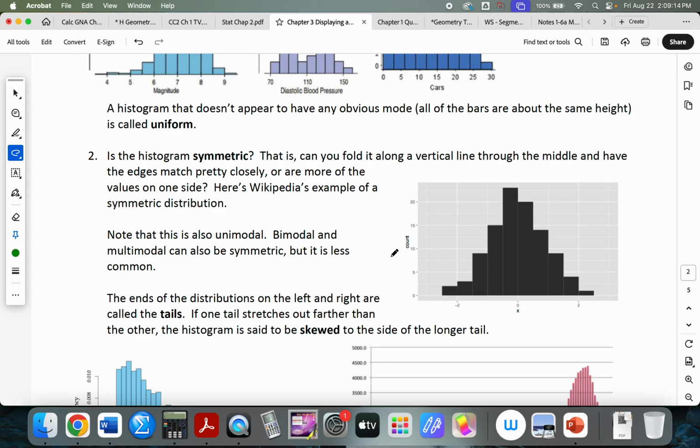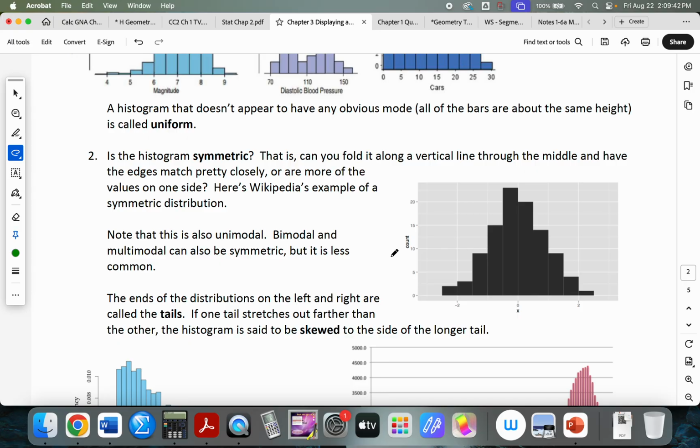At the very least, your liver and gallbladder are on one side, and there's nothing corresponding to that on the other side. No one is perfectly symmetric. But we still say that humans have what's called bilateral symmetry. The left side and the right side are pretty close to the same.